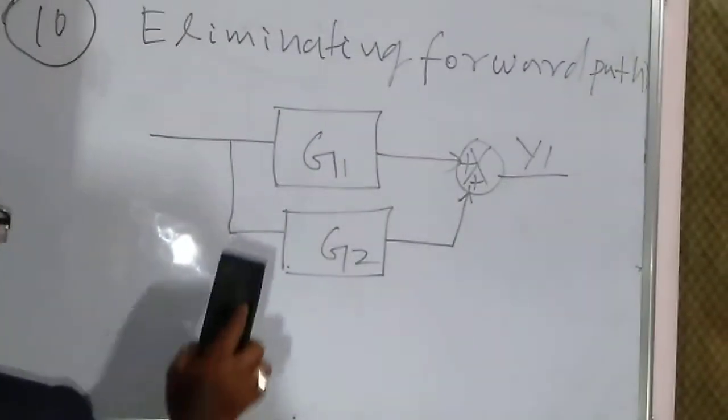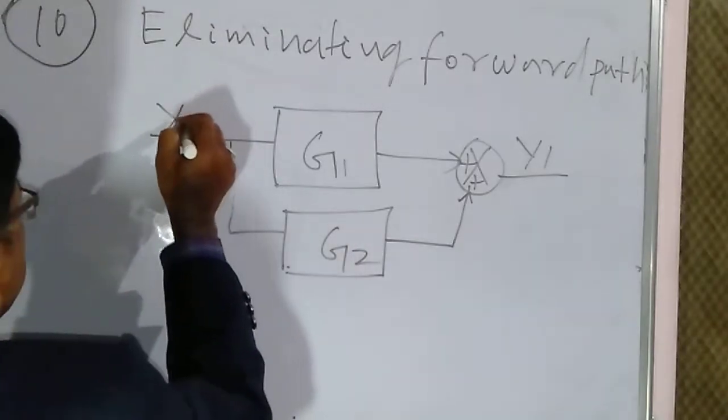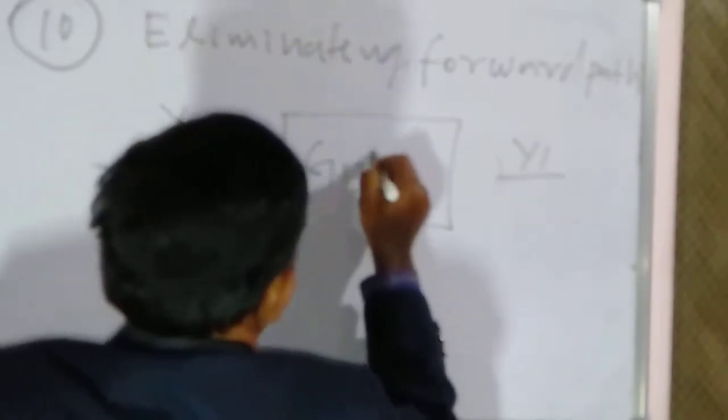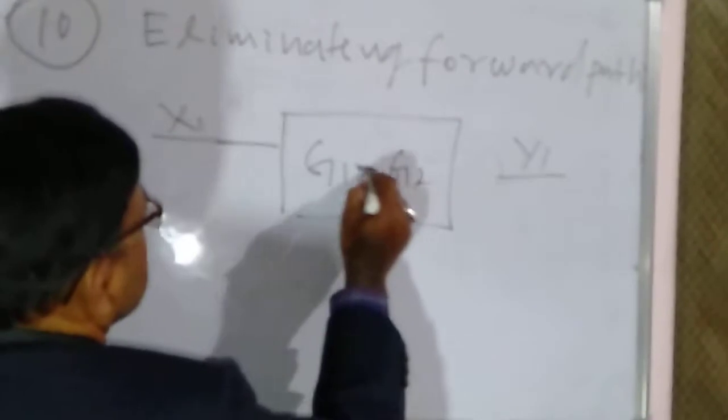Now if we remove this forward path, let us assume that this is your x1, then automatically it will be a single block, that is G1 plus G2. If it is negative, then G1 minus G2.